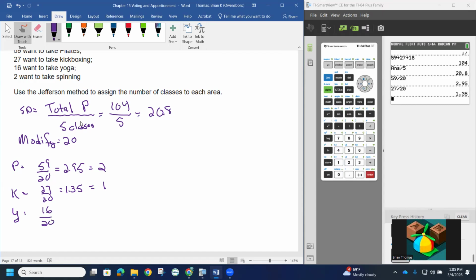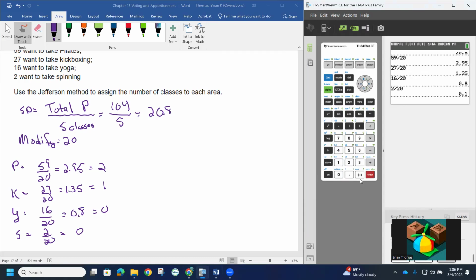Well, that's going to be 0, isn't it? 16 divided by 20 is 0.8, so that's going to have to go down to 0. And then spinning, 2 out of 20. Again, we're going to have to round down to 0 there, because that's just like 0.1.